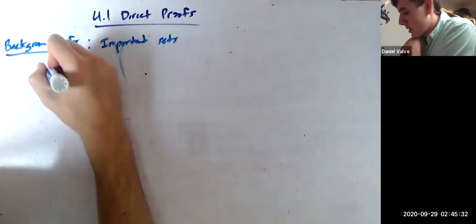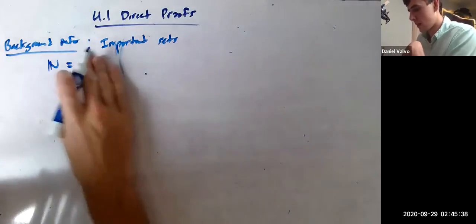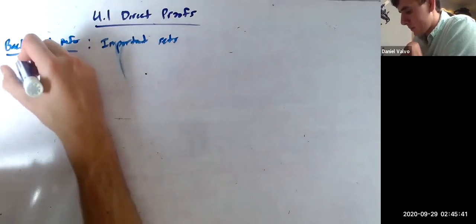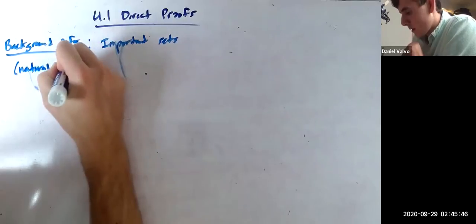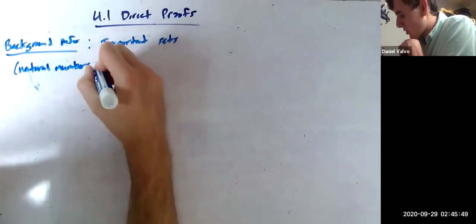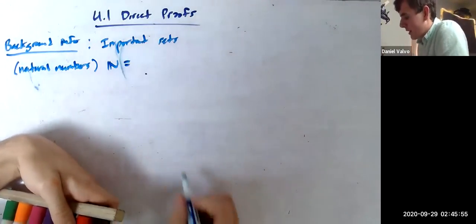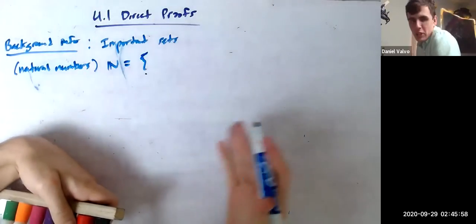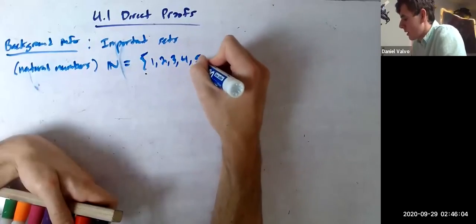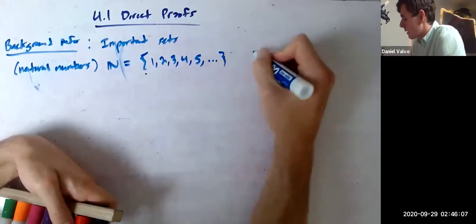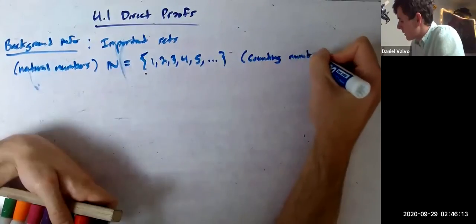So we have the natural numbers, for the natural numbers, which we give this cool looking N symbol with like a bolded one line there. And what that equals is just all your counting numbers. So that's 1, 2, 3, 4, 5, ... So I'll say these are counting numbers.